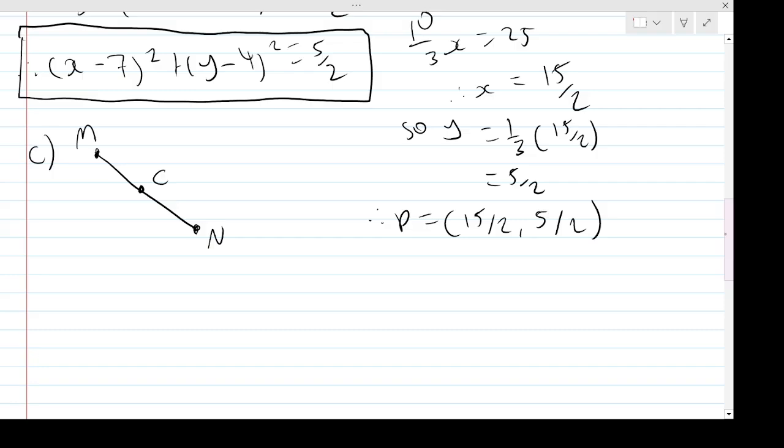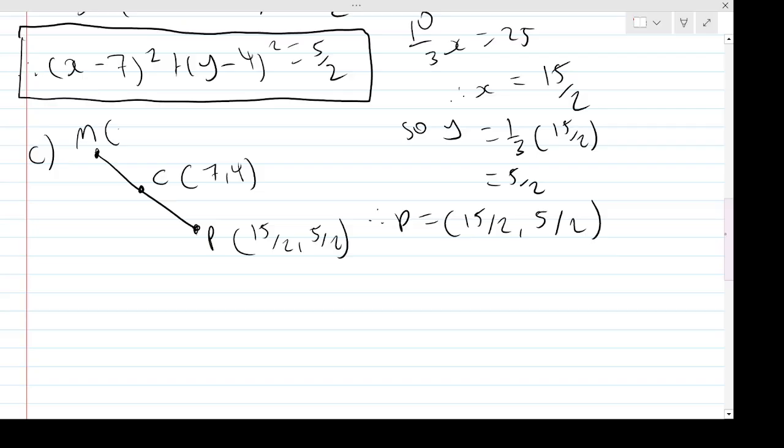And this goes back to what we looked at with chords and perpendicular bisectors earlier on in the chapter, that the midpoint of a diameter is the centre. But here we know the centre is 7, 4. And we know P, which we worked out as well, 15 over 2, 5 over 2 in the last question, right?